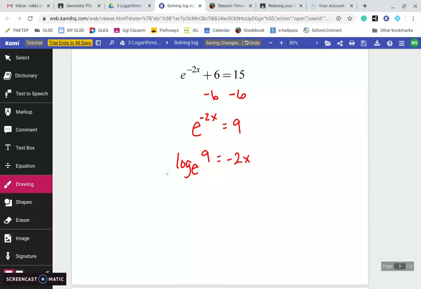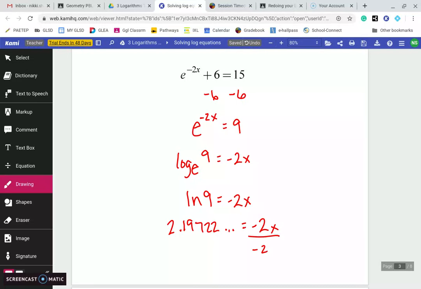Now, to put this into the calculator, I don't have to take log of 9 over log of e. Instead, log base e is natural log. So this is going to become natural log of 9 equals negative 2x. So now when I plug natural log of 9 into my calculator, I get 2.19722 and so on. Again, I'm not going to round that number.